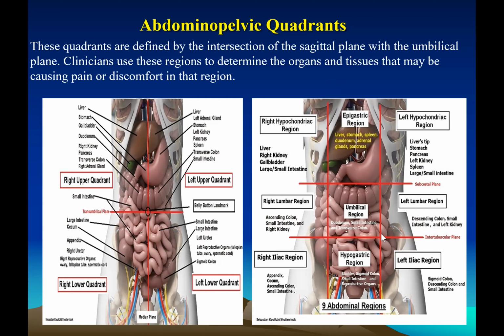Again, in these 9 regions, you have to know the different organs. For example, the right hypochondriac region has the liver, right kidney, gallbladder, and small intestine. Why do you have to know it? So that, let's say, a female patient comes with pain in the right iliac region, right?